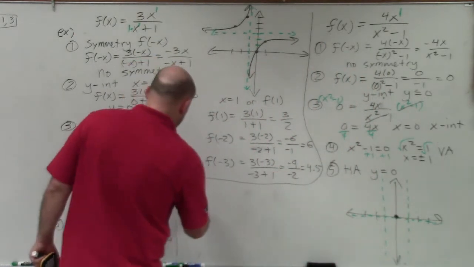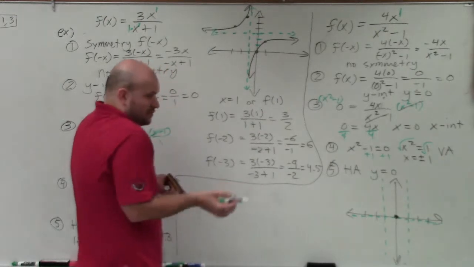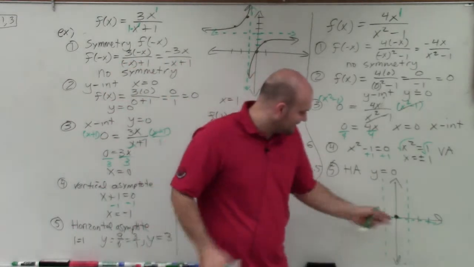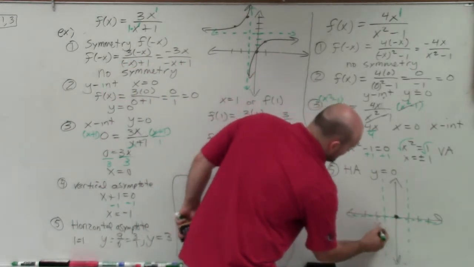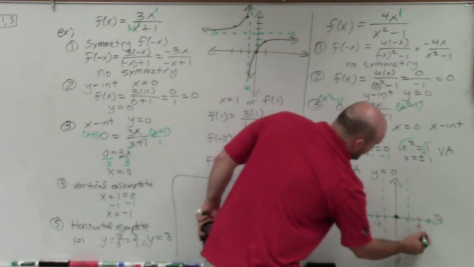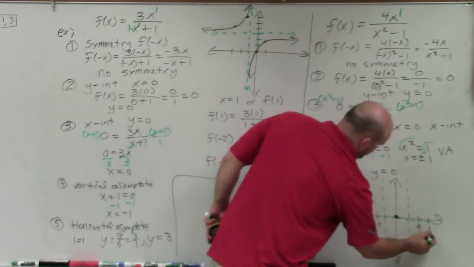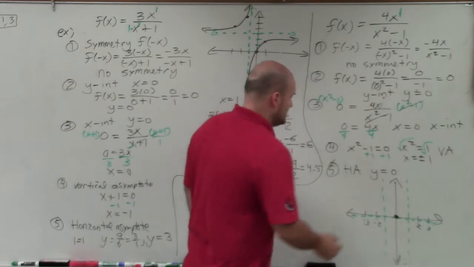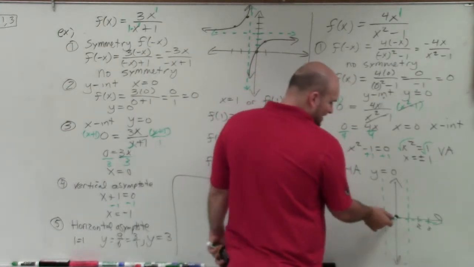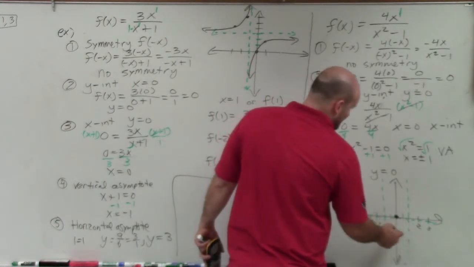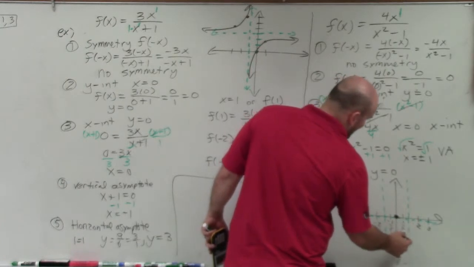So basically, what I'm going to want to evaluate for is, just like you're creating a table. But now my table is going to contain the points. I'm going to want to make a table of -2, -3, +2, positive 3. And then I only have 0 here, so I'm probably going to want to pick negative 1/2 and positive 1/2.